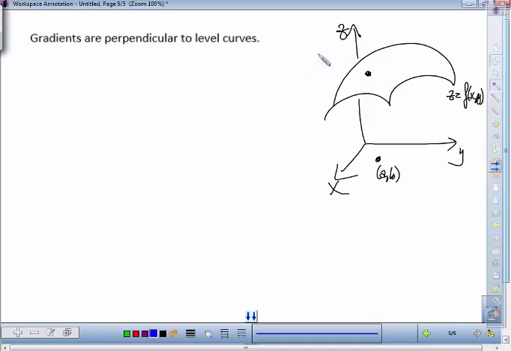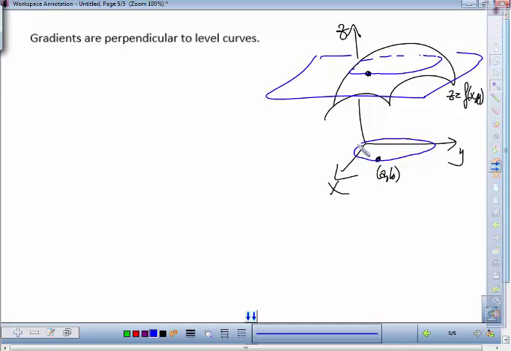So we have to imagine that we're going to cut this with a plane. And then we're looking at a level curve, but really we can look at that level curve flat on the two-dimensional plane.